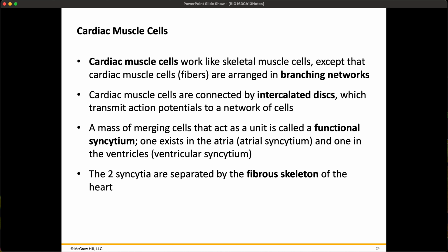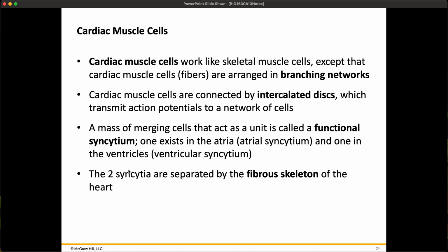So in this case, you have all of these heart muscle cells that are getting individual signals and are contracting individually, but they are doing it all at the same time because they all have these intercalated discs connecting them and making sure that when the first atrial muscle cell gets a signal, all of them are going to get that same signal at the same time. Same thing with the ventricles, the ventricular syncytium. And so these are making sure that both chambers in the atria and both chambers in the ventricles are contracting and relaxing at the same time.